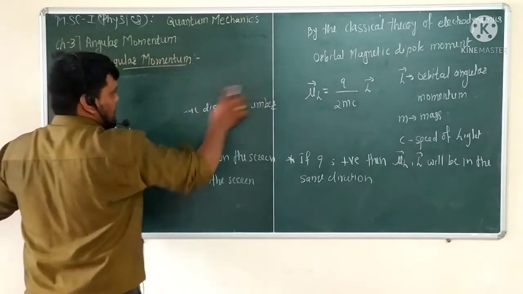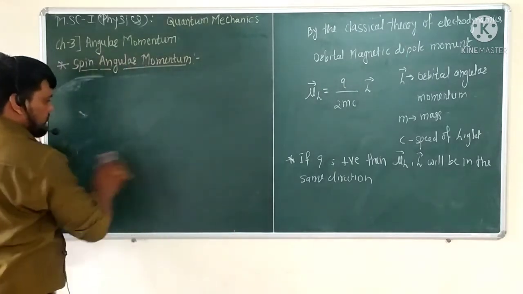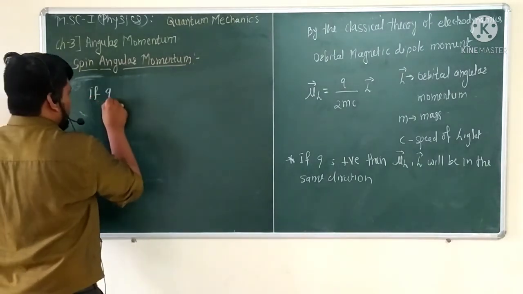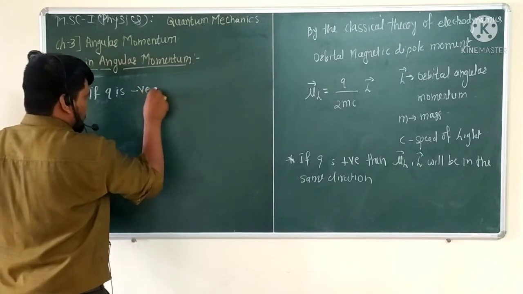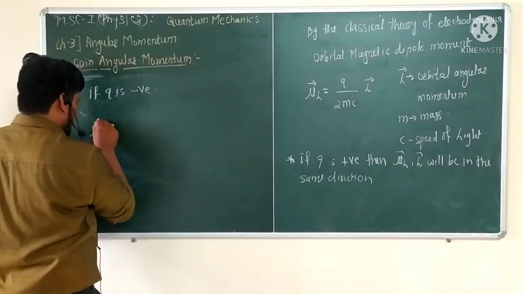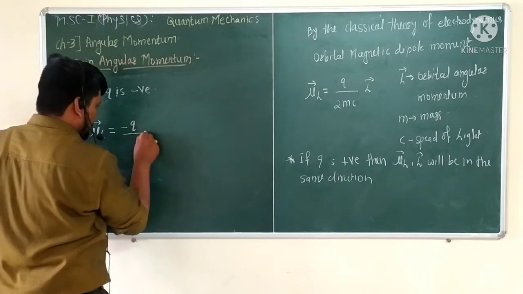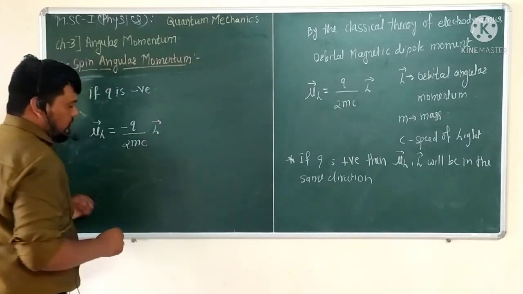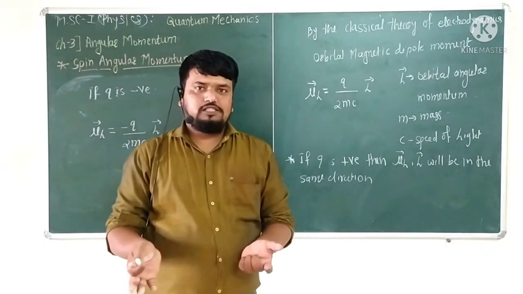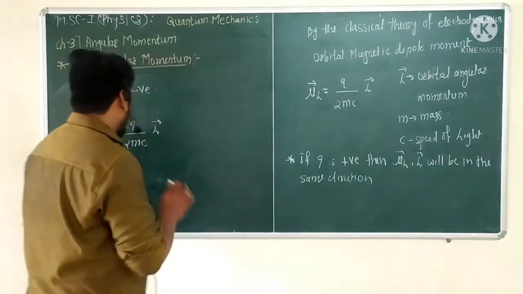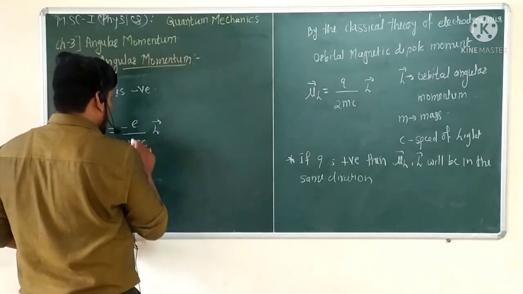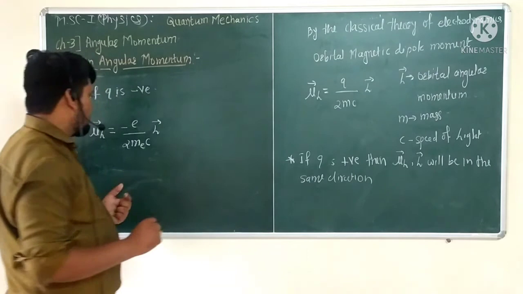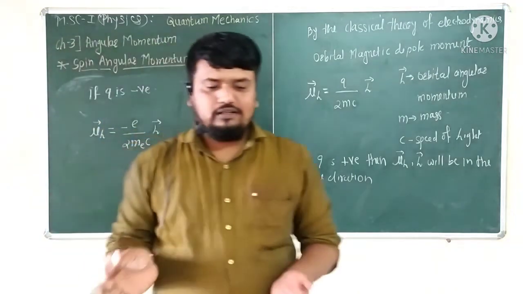So that is the next condition: if q is negative, then mu l is minus q divided by twice mc into l bar, and here q is the charge on the electron, so this is considered minus e divided by m e into c. Here e is the charge of the electron, and m e is the mass of the electron.